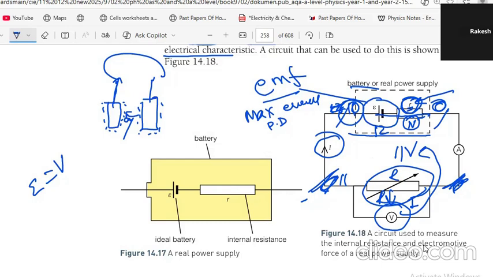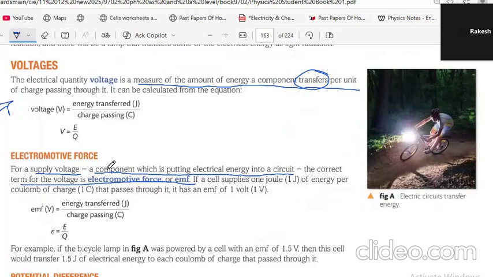So basically what is happening is the EMF and the potential difference you are getting are now different. That's why in that book, he said EMF is something different, and the potential difference or the voltage you get is something different, though in GCSE they mean the same.